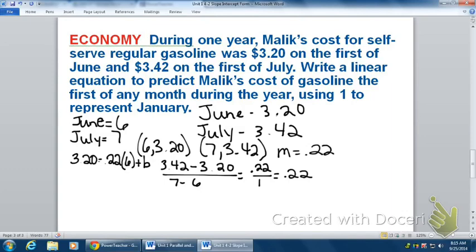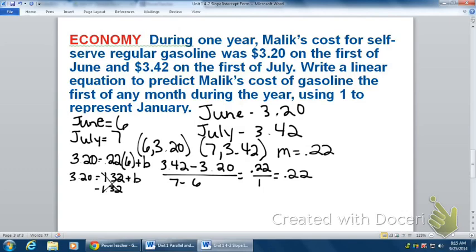Okay? From here, you're just working that out. What's 0.22 times 6? 132. It's $1.32. Okay? Now, last step, get this B by itself. Subtract $1.32 from both sides.